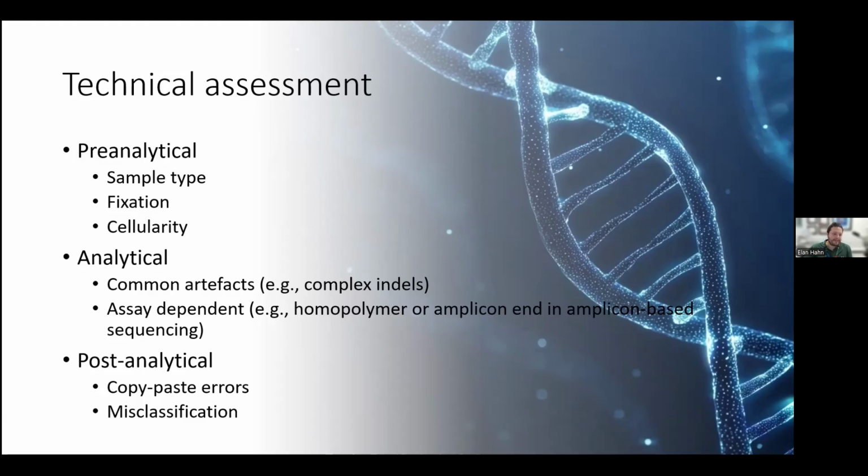Then we have assay-dependent issues that include homopolymer or amplicon end in an amplicon-based sequencing, for example. Those are a little more difficult to call. And post-analytical would be copying that information out of your output and putting it into your report or misclassifying a variant, for example.